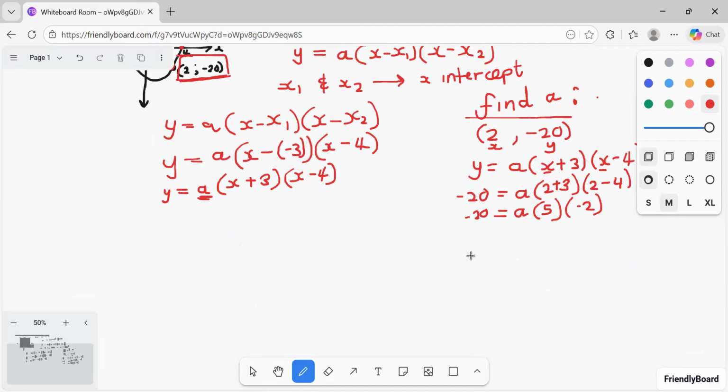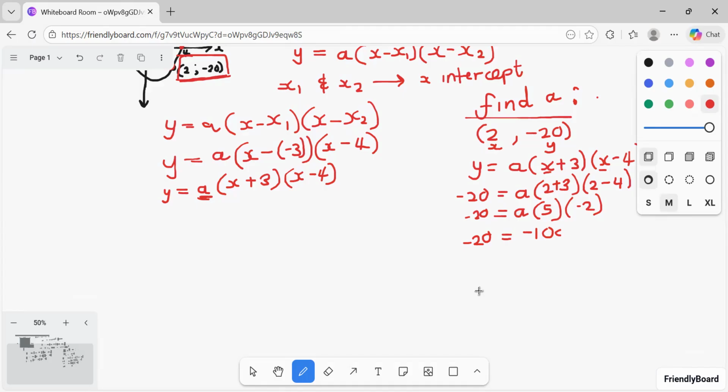So this would be minus 20. I'm now solving for a. So this will be equal to negative 10a.